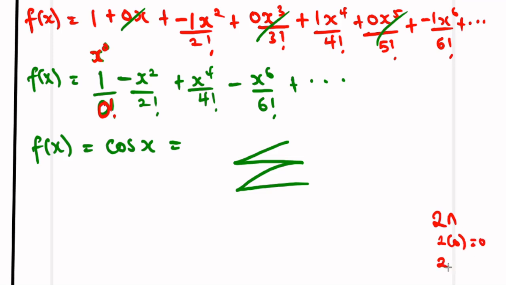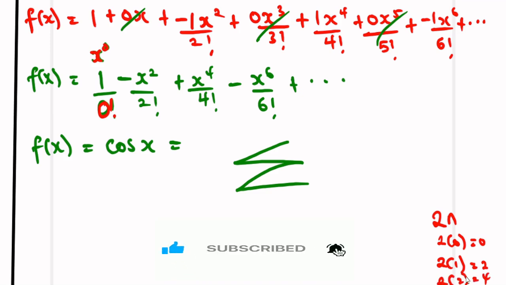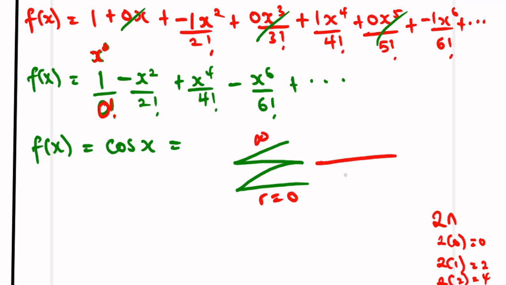When n is 1, we get 2. When n is 2, we get 4. So we can see this is 0, 2, 4, 6, 8, 10. These are even numbers. So we can say let n start from 0 to infinity, all over 2n factorial, then x to the power 2n.